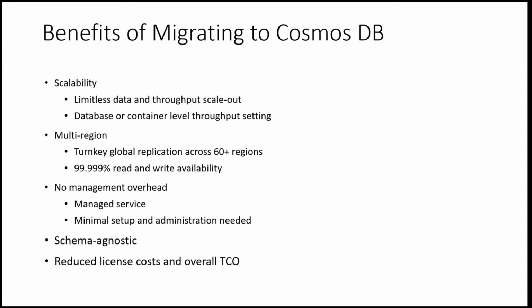We are also a schema agnostic database. I wouldn't say schema free because it is either a schema on write or schema on read. Typically in traditional relational databases, you need to decide the schema in advance. You need to plan for that.